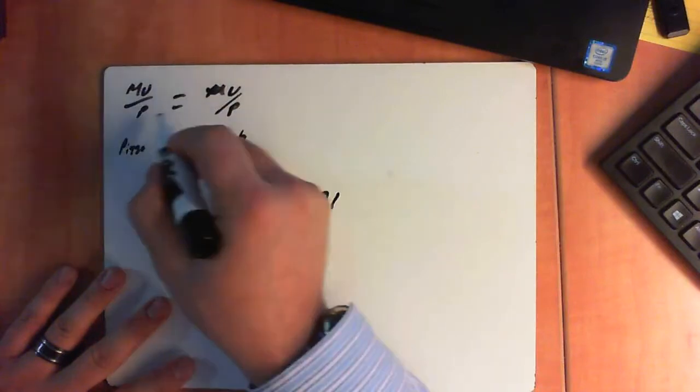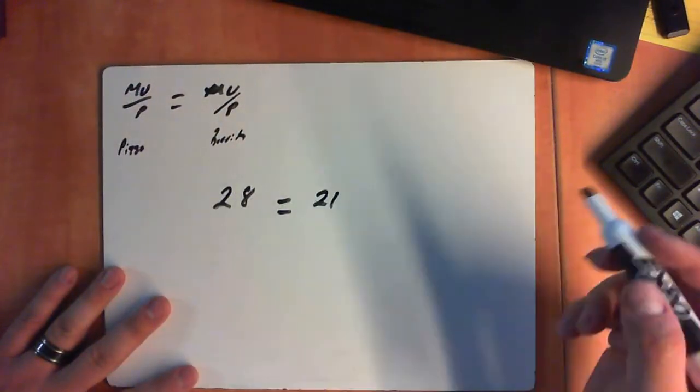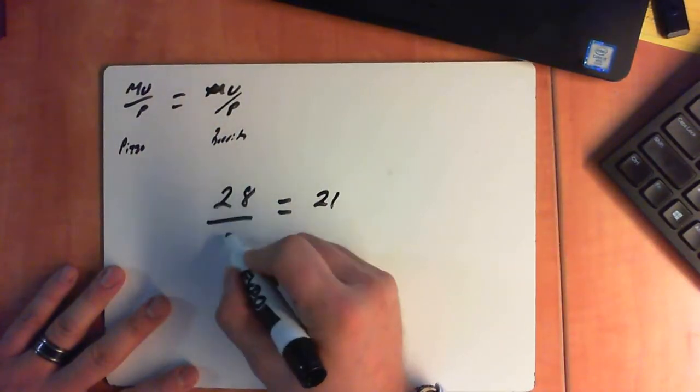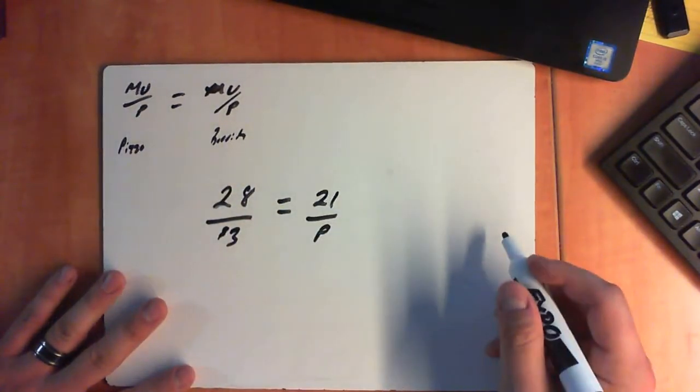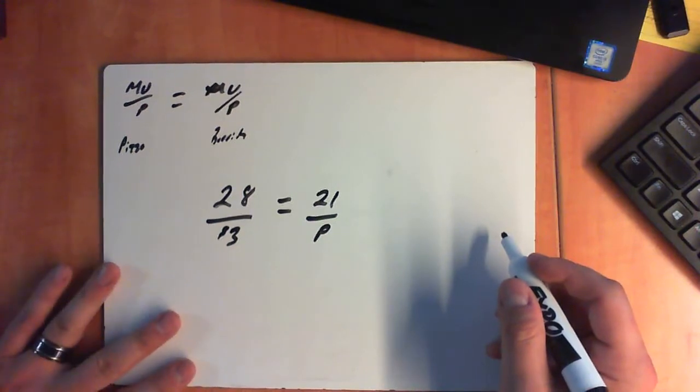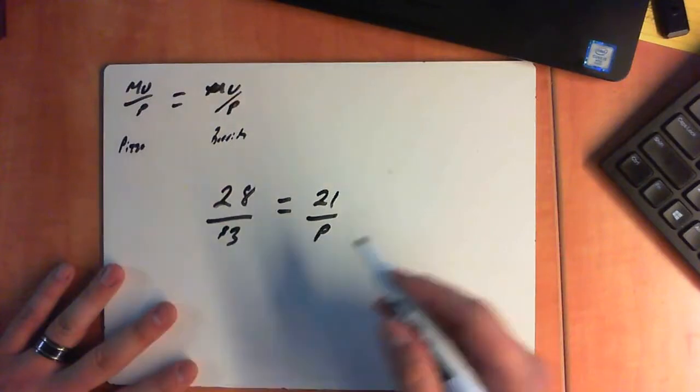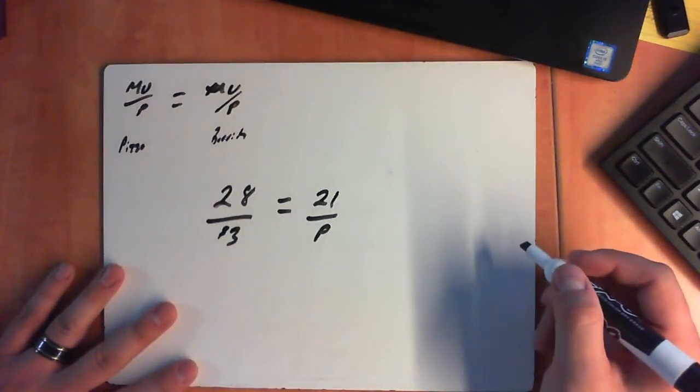But we need some more information here. The price of a pizza is $3. What is the price of a burrito in equilibrium? Well, to figure this out, you can cross multiply and divide.